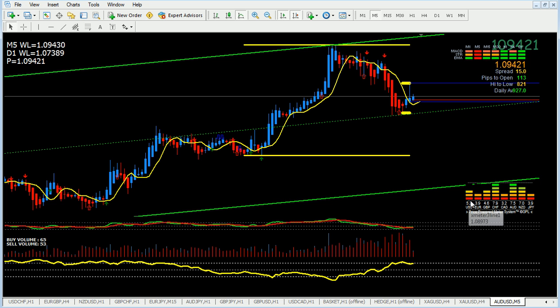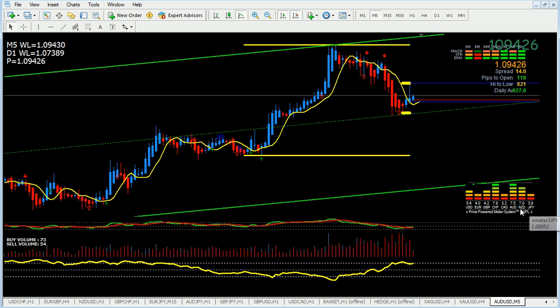Obviously the higher the number, the US dollar is stronger than the euro at the moment. The Australian is stronger than the other, so there's a buy on that. The JPY is down, the US dollar is stronger, so there's obviously a buy on the US dollar against the JPY. These are just the relative strengths.